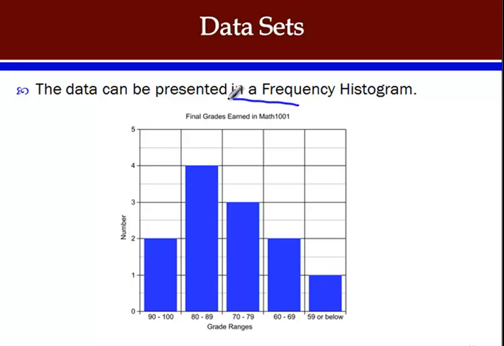And we have a title that tells us that these are final grades earned in Math 1101. So if I were to look in the 70 to 79 range, I could go across and say, well, there were 3 grades earned in 70 to 79 range. So for example, these may be the final grades of a class that I'm teaching, and 3 students would have earned a C in this case.